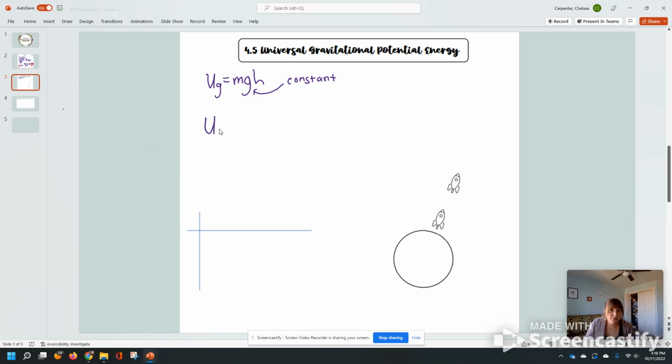And the new way to think about it, it's still potential energy, gravitational potential energy, so it has the same U_G, but our equation is going to be negative, and I'll talk about that in a second, big G, M1, M2 over R. So it's reminiscent of force, which is G, M1, M2 over R squared.